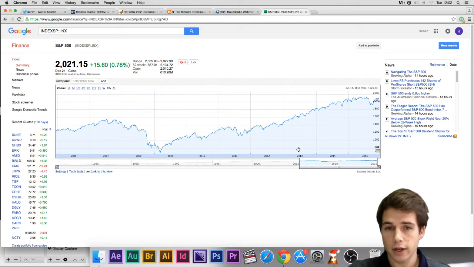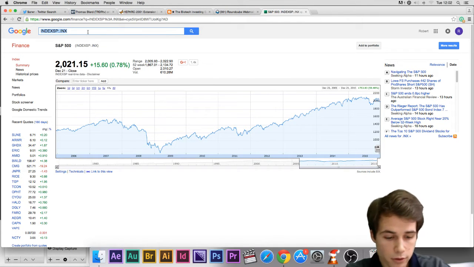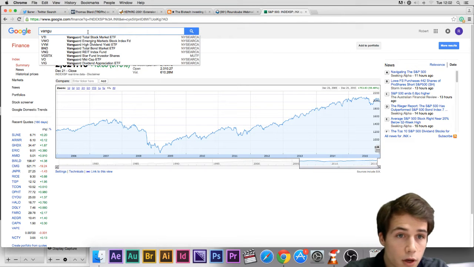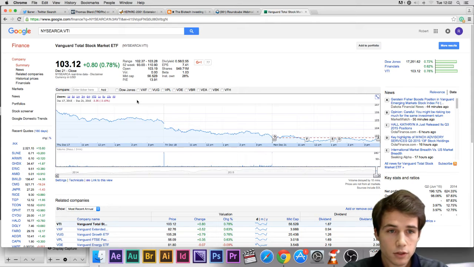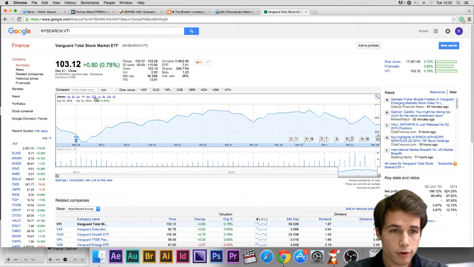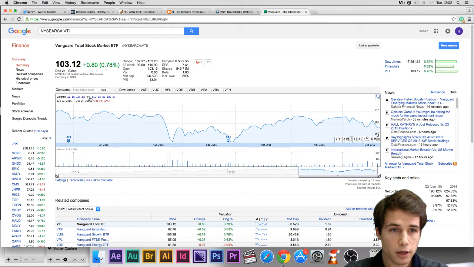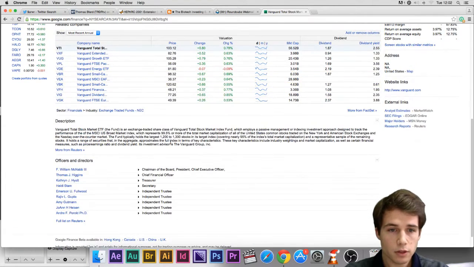And then similar to an index would be an ETF, which is an exchange traded fund. So let's go, for example, to the Vanguard ETF. This is a popular one for people that are just beginning. It's similar to the index, a basket.